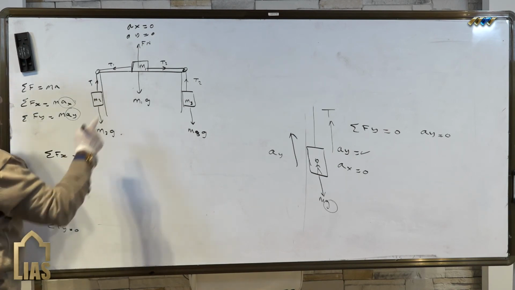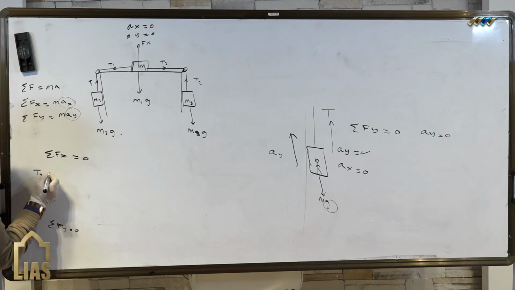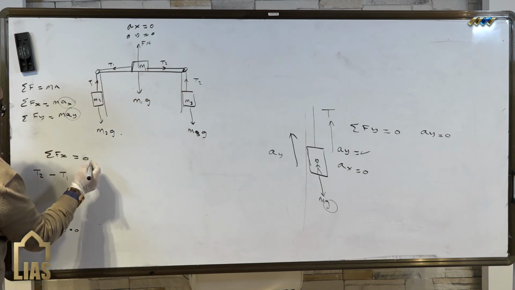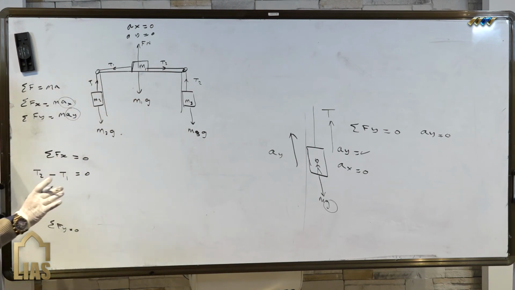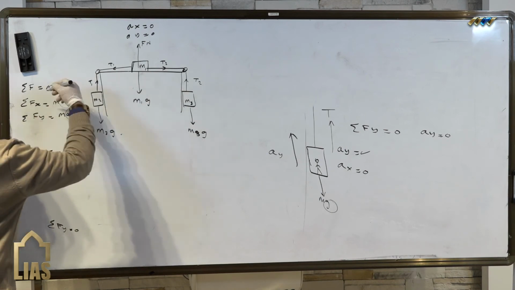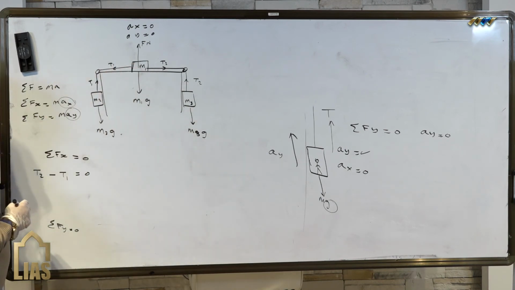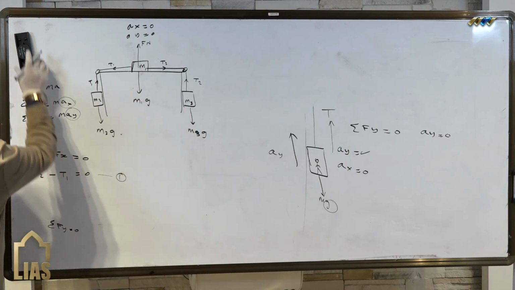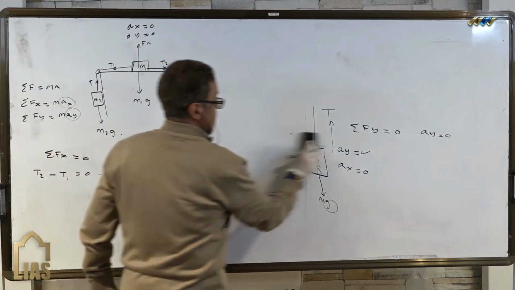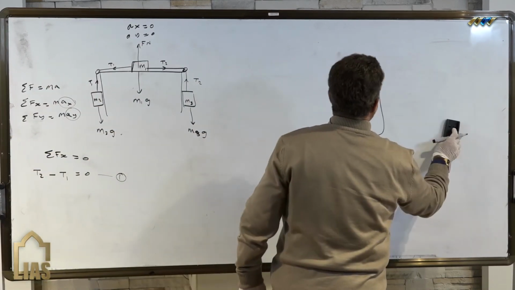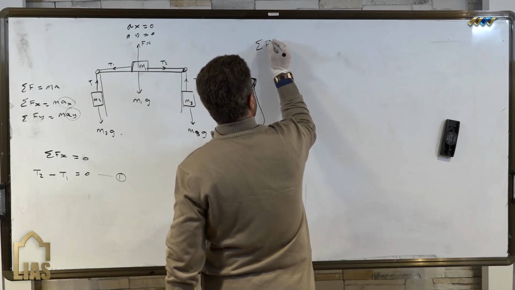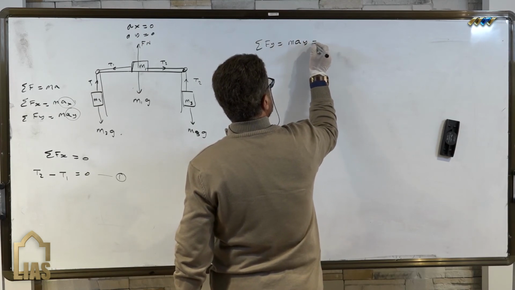What we have fx, we have t2 minus t1, that's it for this, is equal to 0. We don't have other force in the x direction. I have only these 2. Okay, this is number 1. We have also, for example, sigma fy is equal to may is equal to 0.